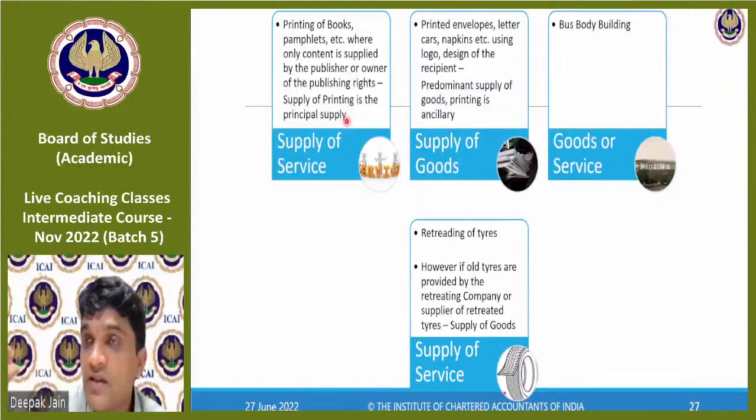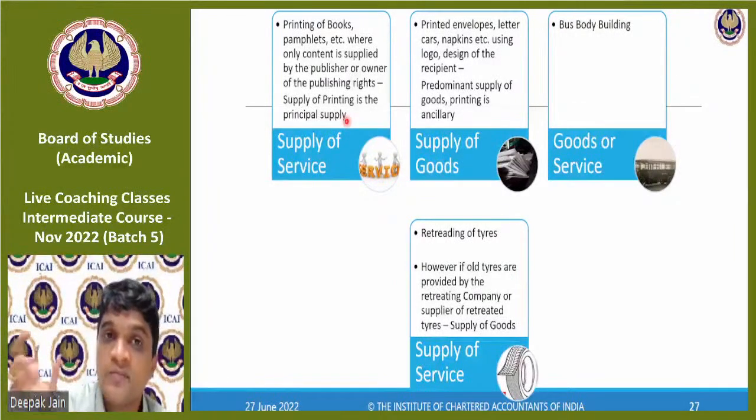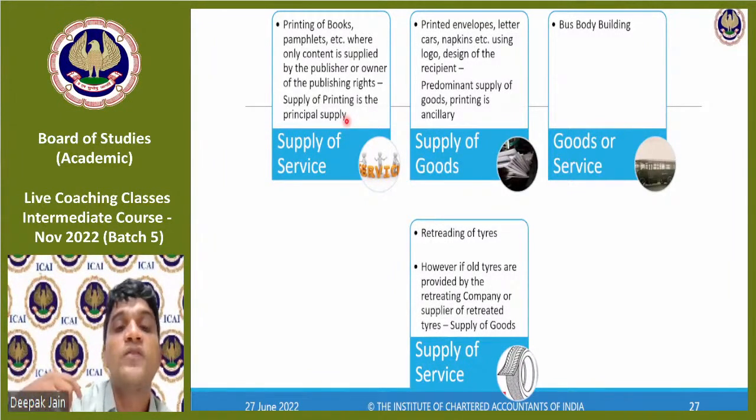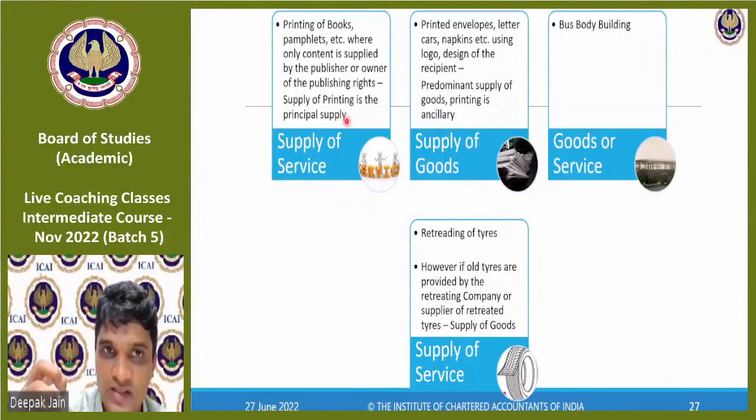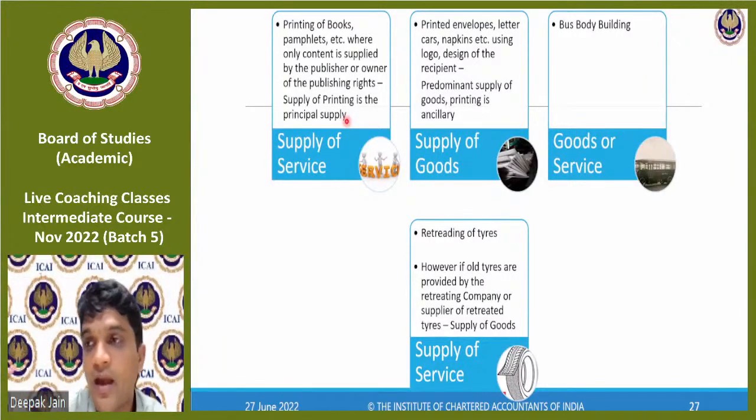When I'm giving my content to him and he's giving me books, which are goods, is it supply of goods or services? The clarification is that when I'm giving the content, he's printing it and giving it to me, that's a supply of service, not of goods, because I can buy plain paper anywhere, but the printer will print on the paper and give it to me and make it a book. So it's a supply of service. The primary activity is supply of service. So it's a composite supply and not a mixed supply, because he's naturally bundling the supply of goods with printing, and the main activity is supply of service.